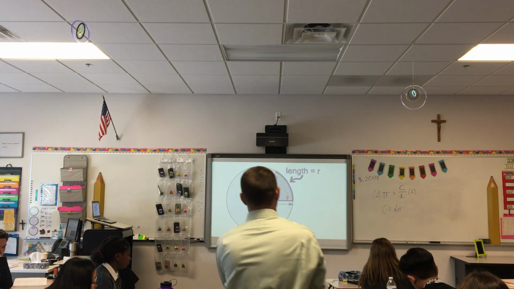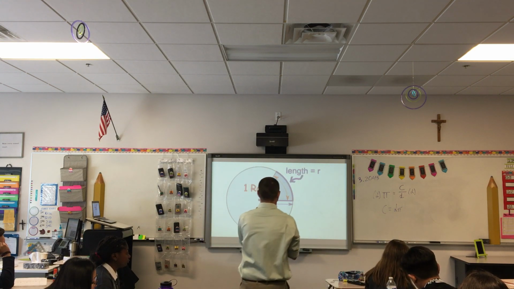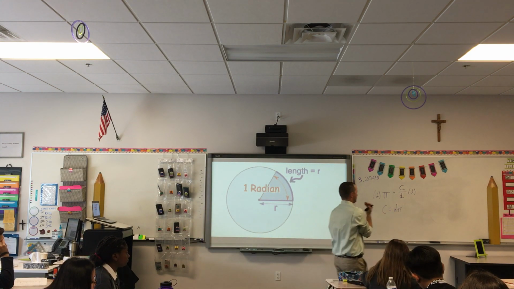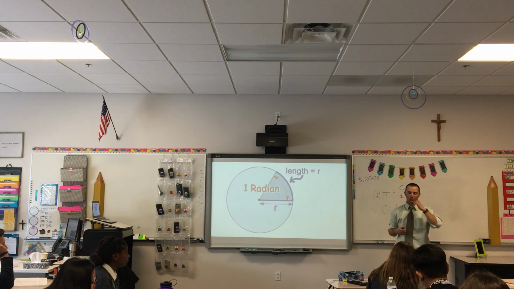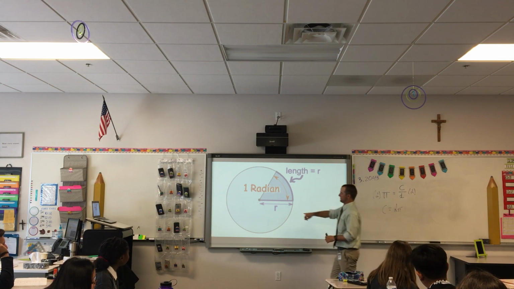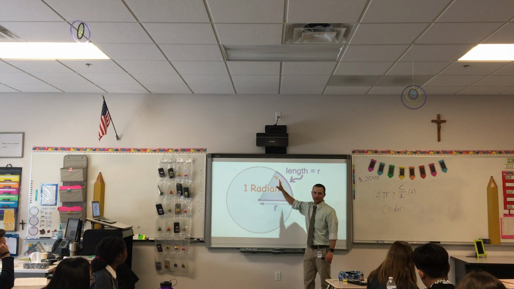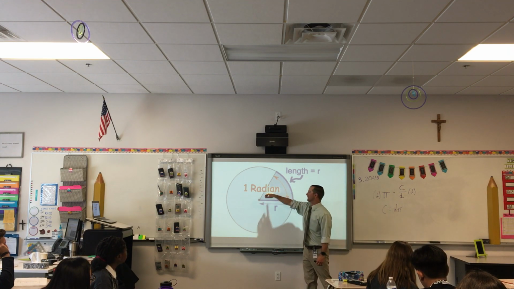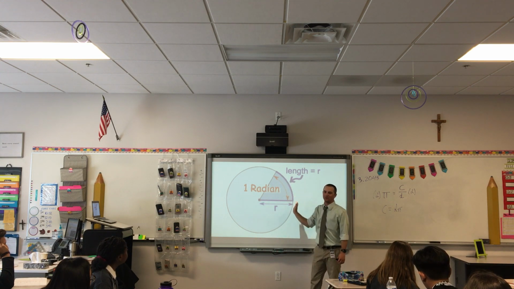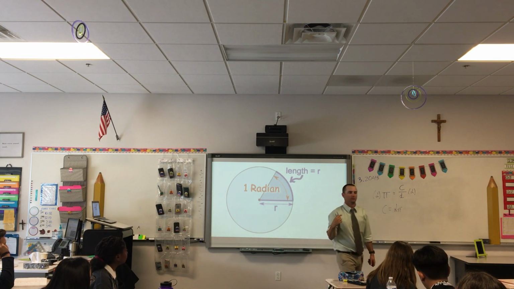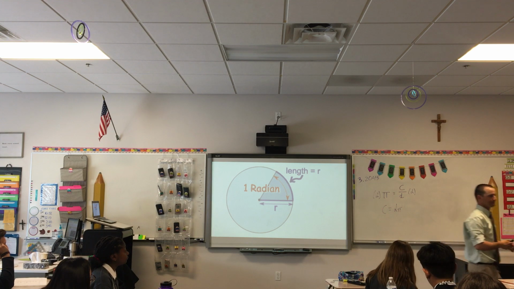Instead of describing an arc based on angle measures, we're describing it based on arc length. So 1 radian, which is describing this angle here, means that the arc length associated with that angle is equal to the radius of that circle.